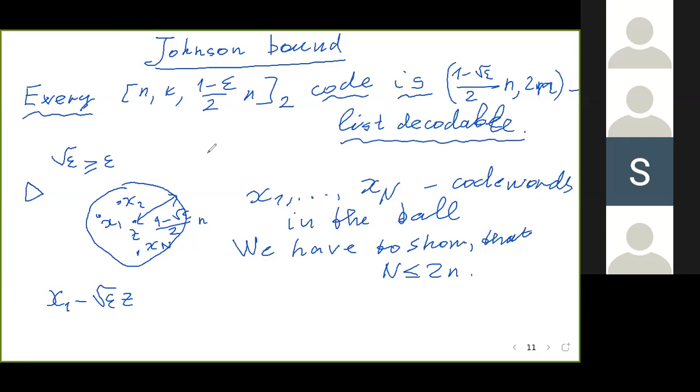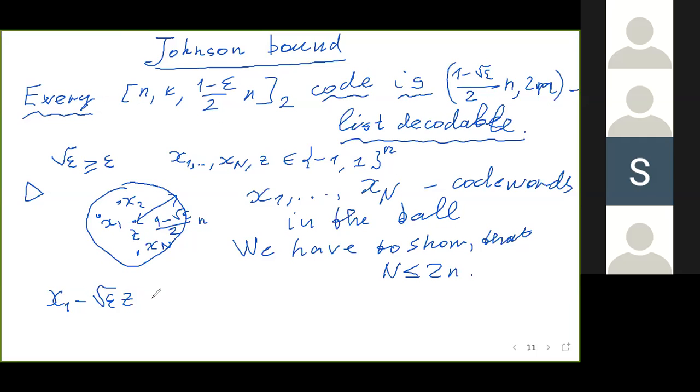And again, we will assume that all our vectors live in {-1, +1} to the n, where minus 1 and plus 1 will be considered as real numbers. In other words, we will use plus minus 1 as symbols of our alphabet.